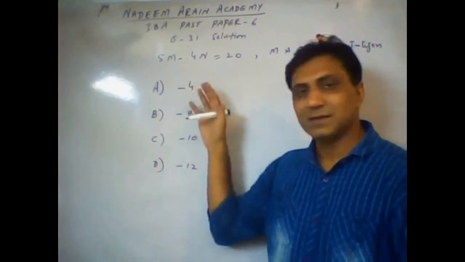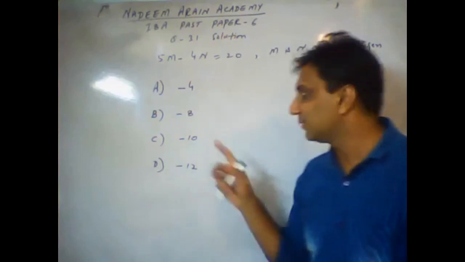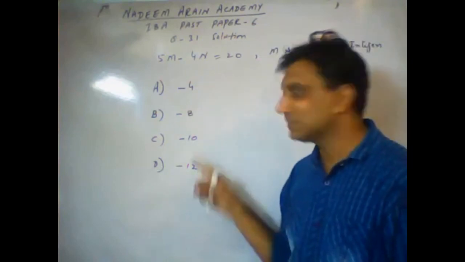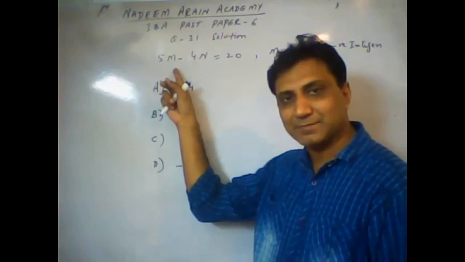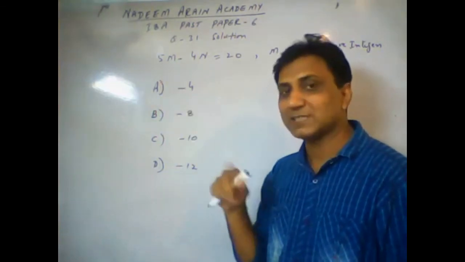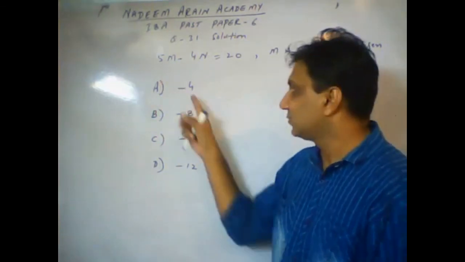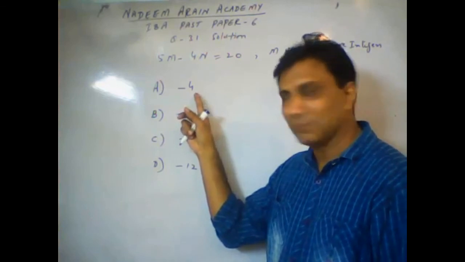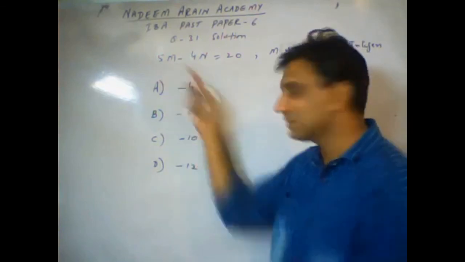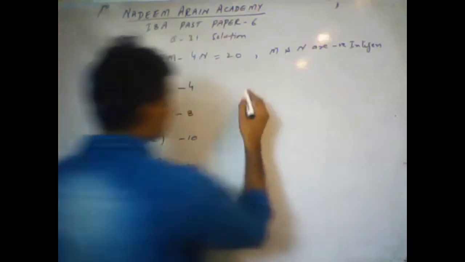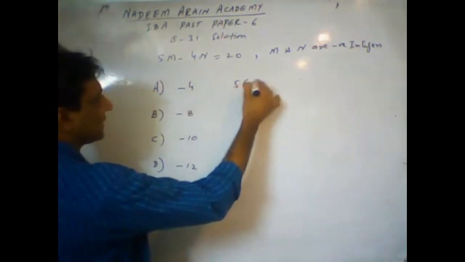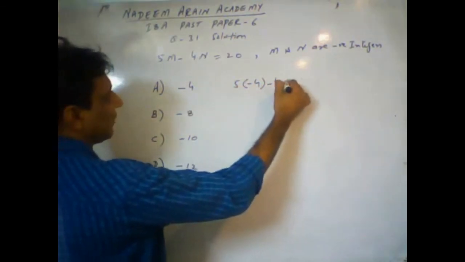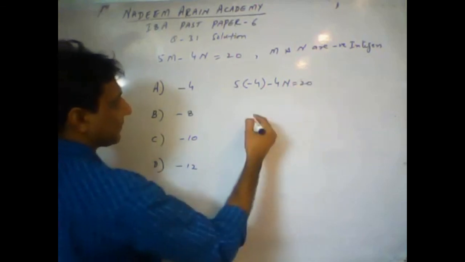So it's trial and error. You have to keep putting these values in this equation as m and see when n is not an integer. So we start from minus 4. We'll put minus 4 here. So it is 5 times minus 4 minus 4n is equal to 20.